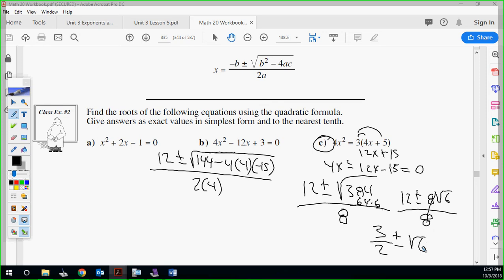You also can write it like, say that again? The 12, because it's opposite of B, and B is negative. Right, because B is a negative 12 and it wants the opposite of that. So good point, Spooner. That doesn't mean negative, that means opposite. Okay, gotcha.